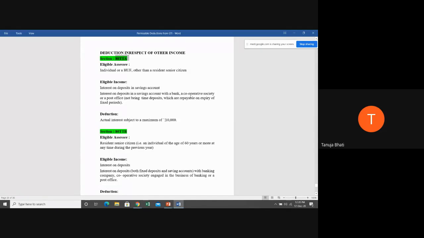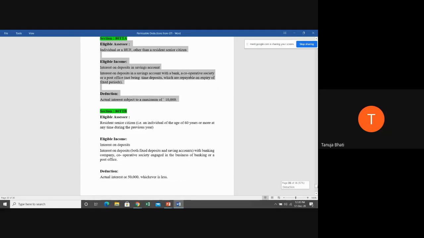Since 8,000 is within the limit of 10,000, the entire 8,000 will be exempt. The entire 8,000 I will get as a deduction, so my tax payable will be nil. Remember, on interest on savings, you can get a maximum deduction of 10,000 rupees. So did everyone understand section 80TTA? Yes, ma'am.